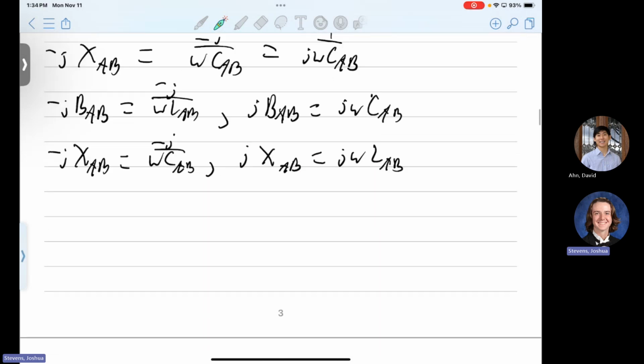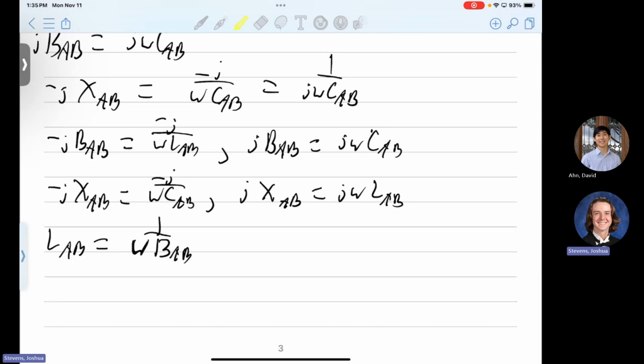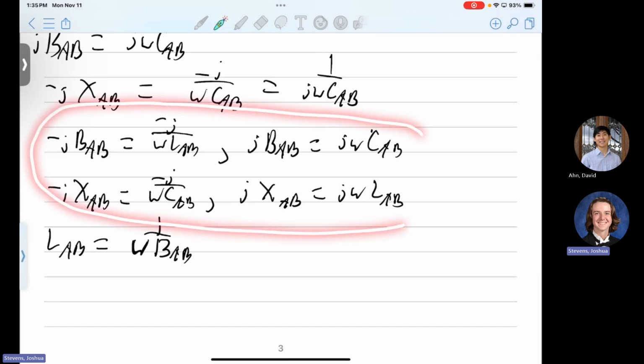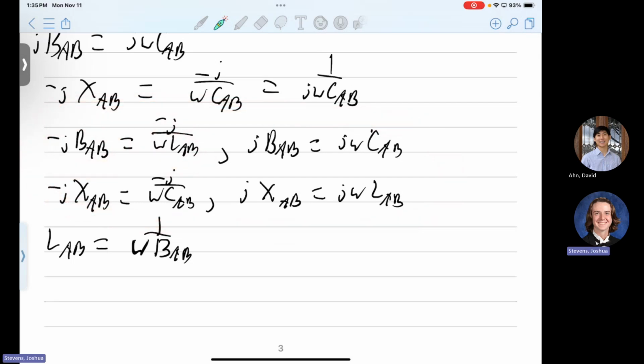This determines that it's an inductive load, because we have a negative j susceptance. Does that kind of explain where that was going?